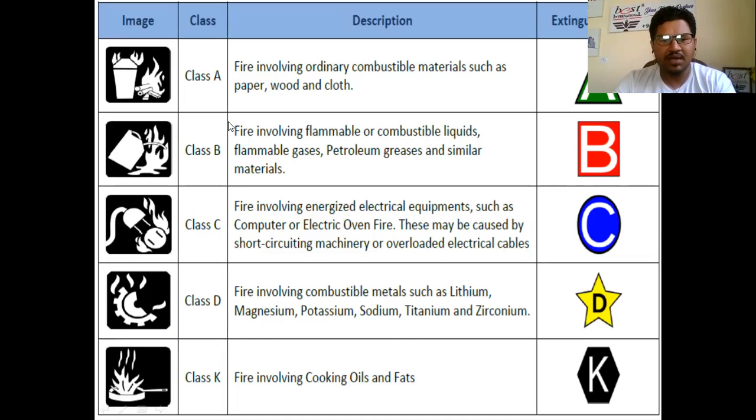These may be caused by short-circuiting machinery or overloaded electrical cables. Class D is fire involving combustible metals such as lithium, magnesium, potassium, sodium, titanium, or even zirconium. Class K is all about fire involving cooking oil and fats.